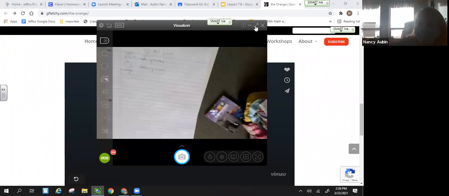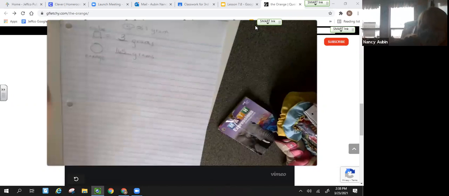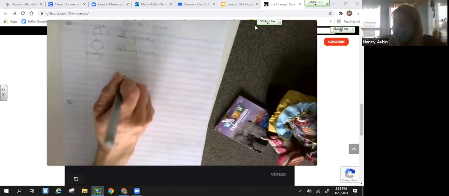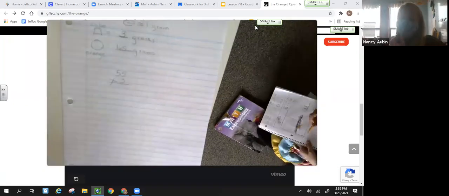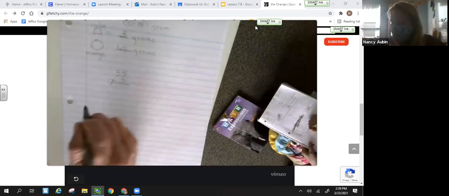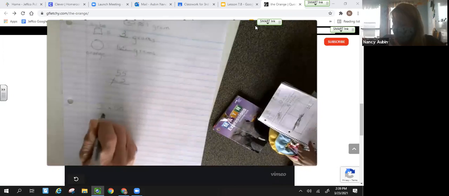I love the excitement, but if we can look here. If I have 55 and I multiply it by 5, I know we haven't done that, but you could break this apart. You know 3 times 50 and 3 times 5.